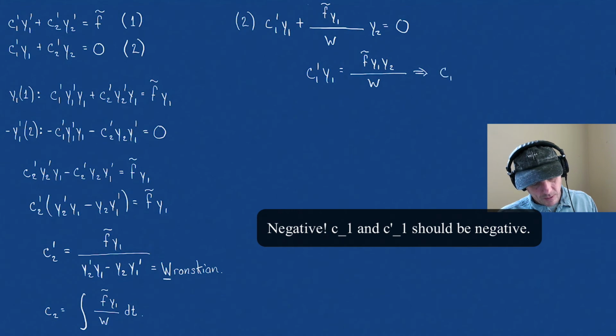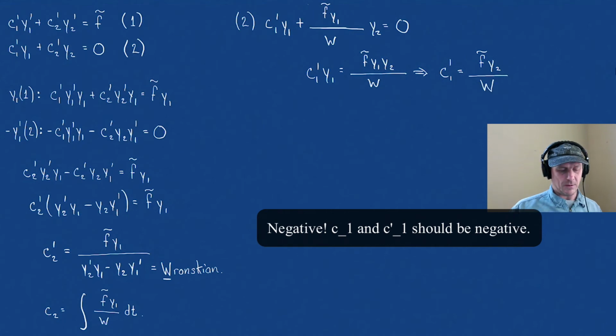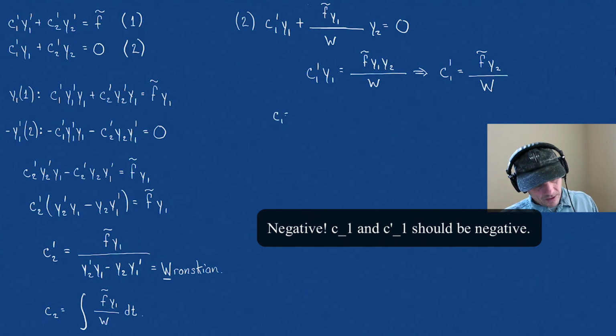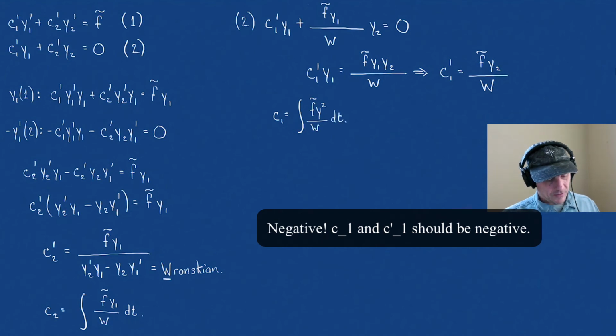We've got that C1 prime is equal to f tilde y2 over that same value of W again. And now we've done it. Our problem has been solved because now C1 is just the integral of f tilde y2 over W dt.